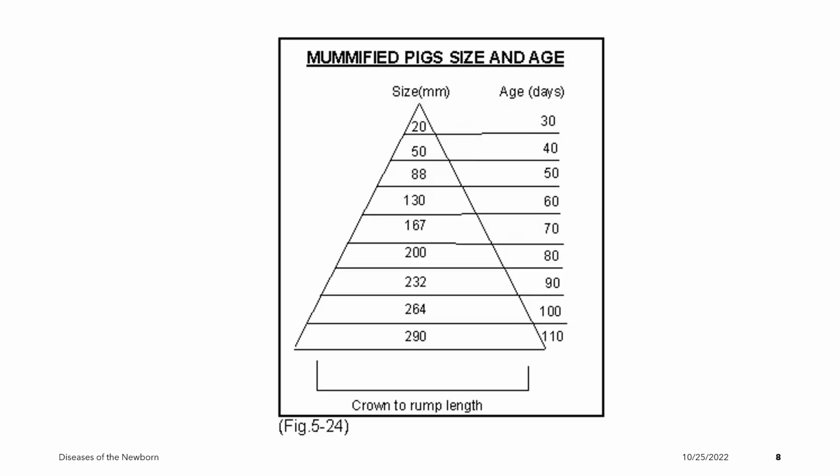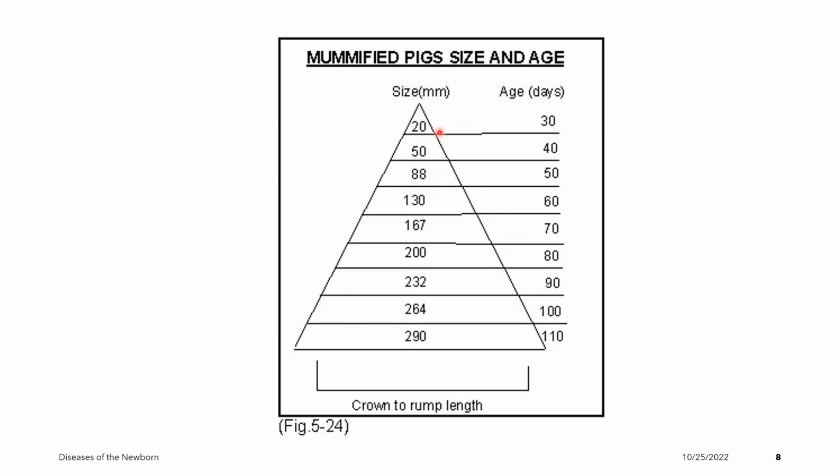This diagram shows the size of the mummified pigs relative to the age at which the mummification occurred. This age represents the gestational days wherein the mummification approximately occurred.